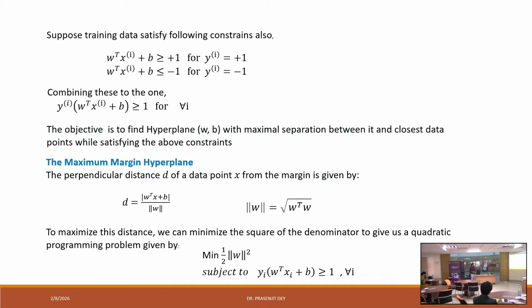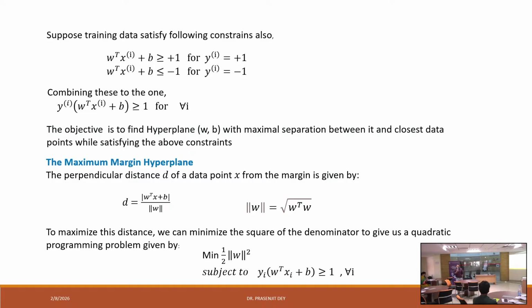And now this distance will be maximum when this W square value is minimum, because the more the denominator becomes low, the more D keeps on increasing, isn't it? Simple math. So if I can decrease the denominator, the distance will increase. So my objective now comes down to minimizing W square.